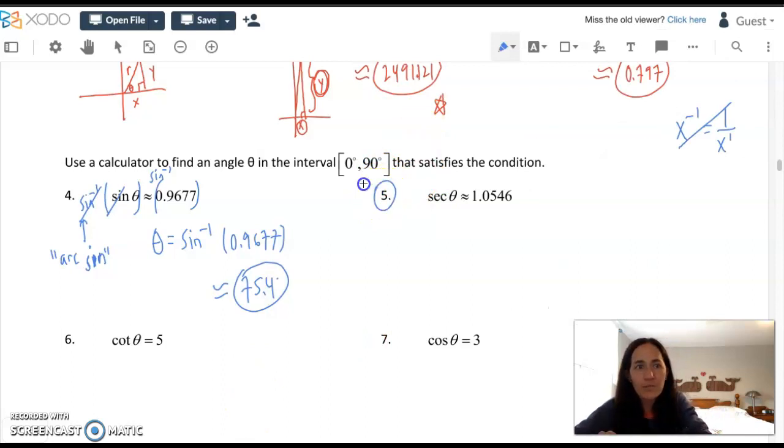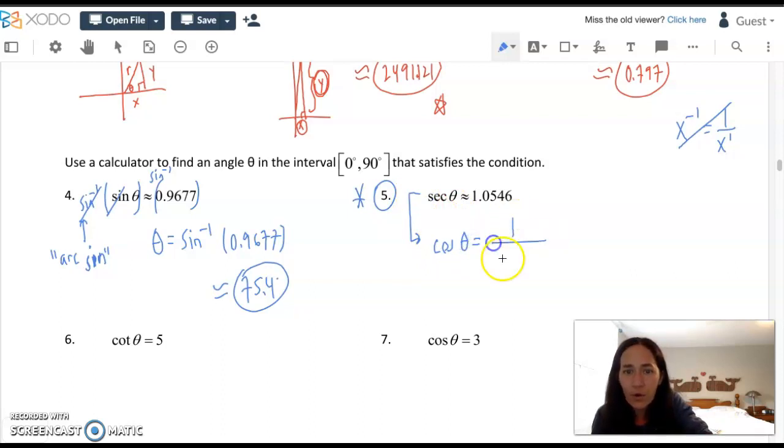Ooh, this is a good one. So for 5, this is a reciprocal trig function. Before you do anything on the calculator, I want you to rewrite it. We don't have a secant button, so let's write what the cosine would be. The cosine of theta would equal 1 over 1.0546. That's for sure. So to get theta by itself, you're looking for an angle.